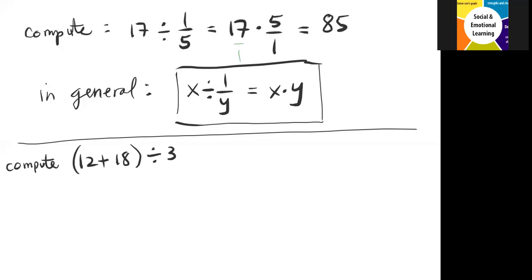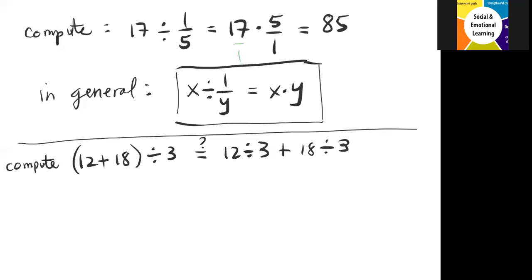Can I write 12 divided by 3 plus 18 divided by 3? Can I use the distributive property? I don't think so. Brian's saying no. Yeah, and I think you'd be probably right.